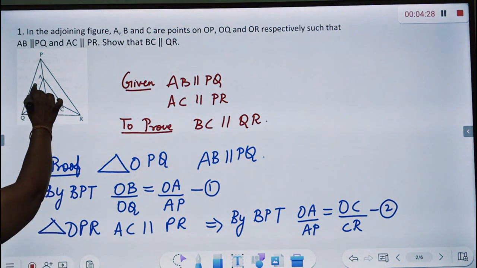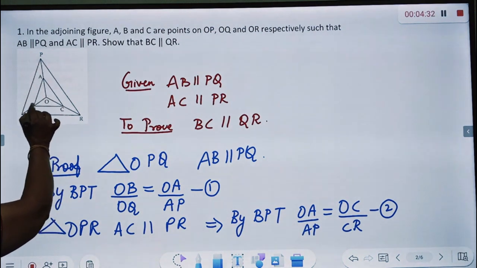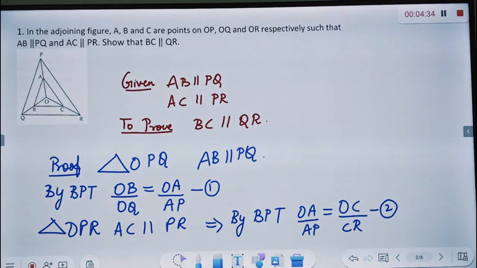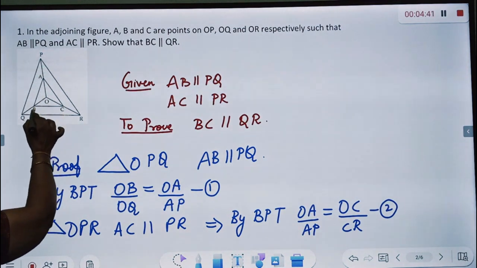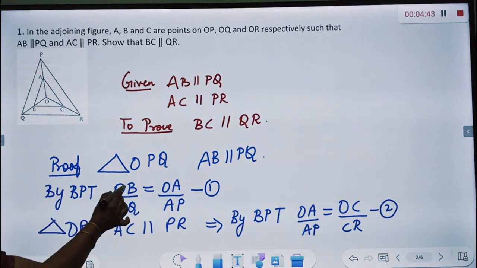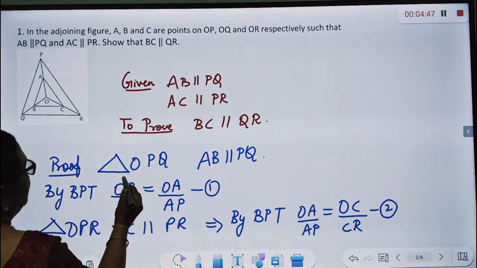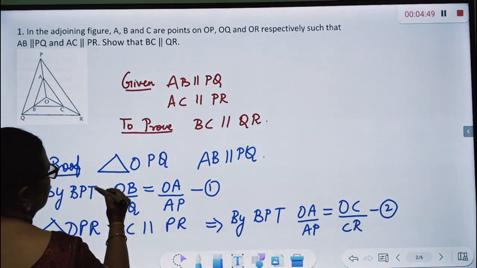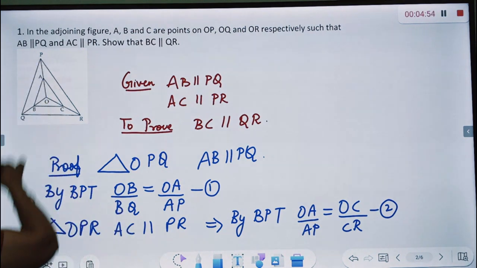Since AB is parallel to PQ, for this triangle OPQ, I am applying basic proportionality theorem. What will I get? The sides to be proportional. OA by AP equal to OB by BQ. That's what we have written here. OB by BQ is equal to OA by AP.